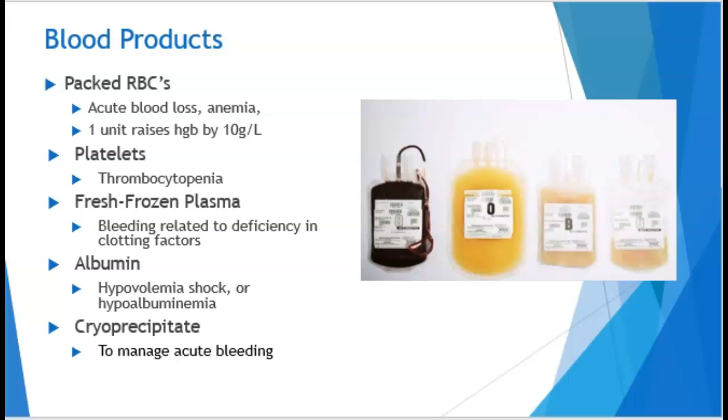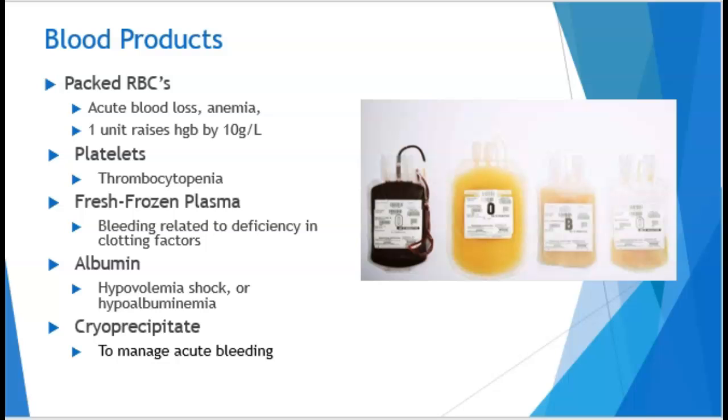There is a platelet product, and that would be used for patients that have a thrombocytopenia. So anyone with low platelets, if they had thrombocytopenia, they may be offered platelets.